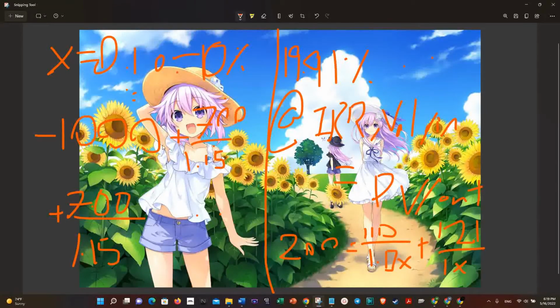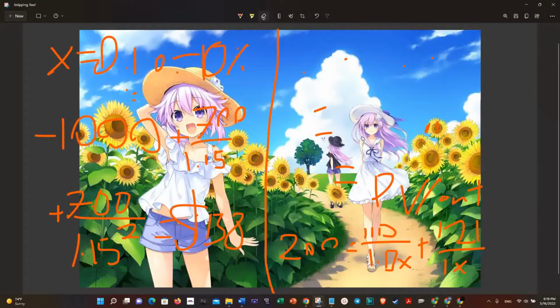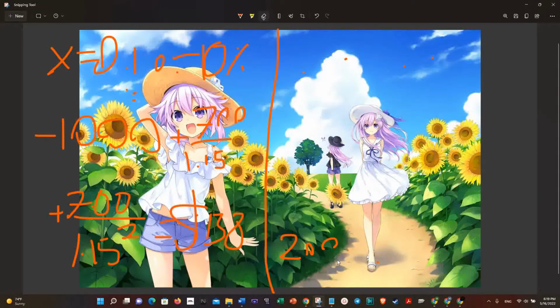However, since this is C2, we square it. From here, you plug it into your calculator, and the number that you should get is $138. That one was pretty easy, wasn't it? It was nowhere near as full of steps.